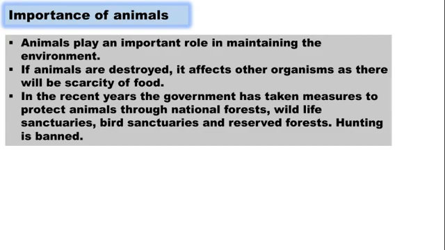For example, if all the fishes end, other animals living in the water, like shark and octopus, what will they eat? They will not get fish as food, isn't it?